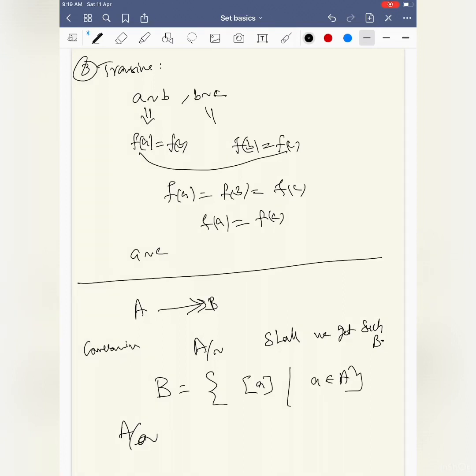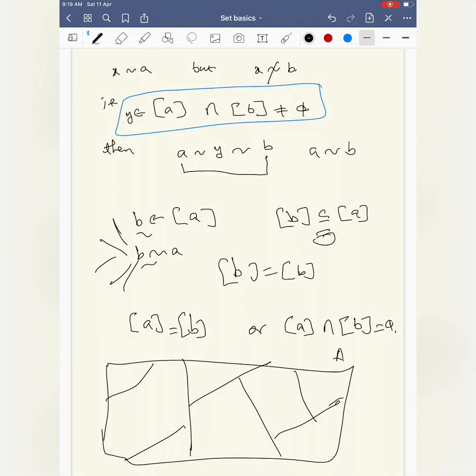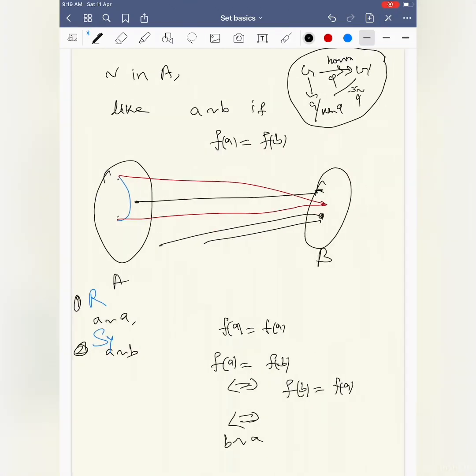I have a relation, right? Then you take the classes, so B is a subset of the power set of A. I'm just taking the classes; this is A, and here each of these is one class, a subset of the power set of A.